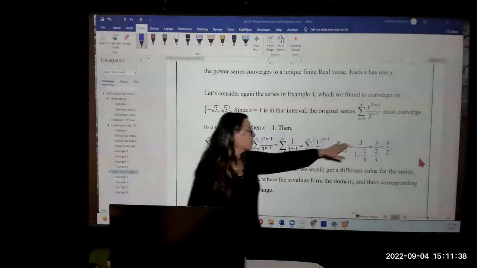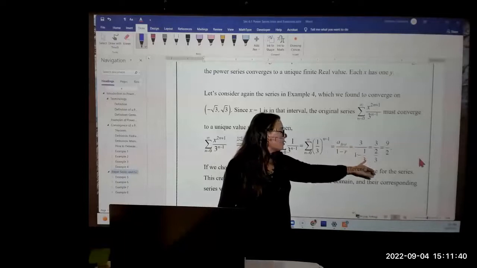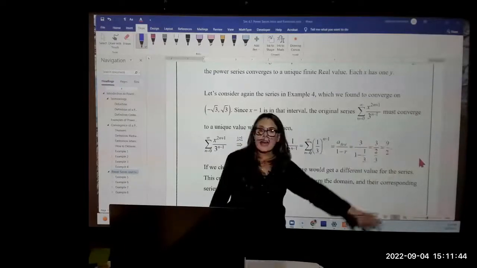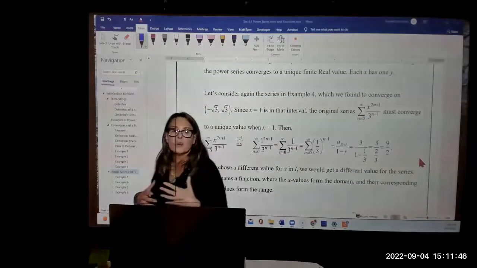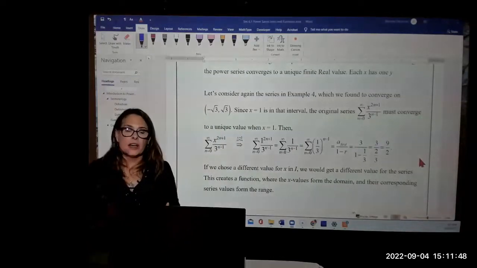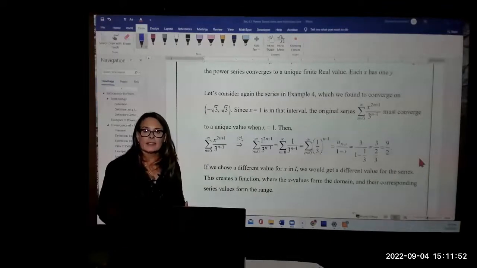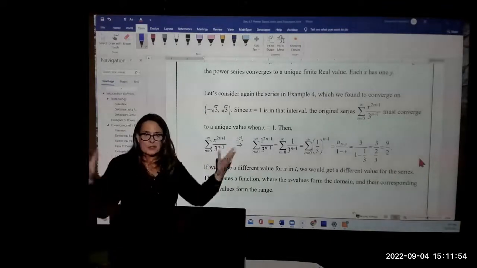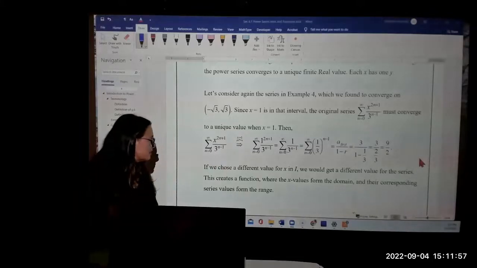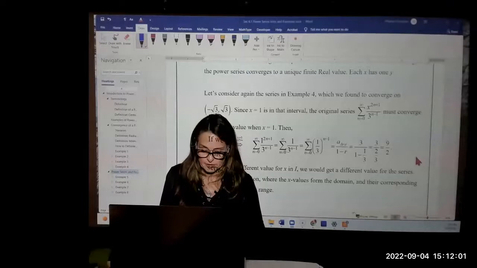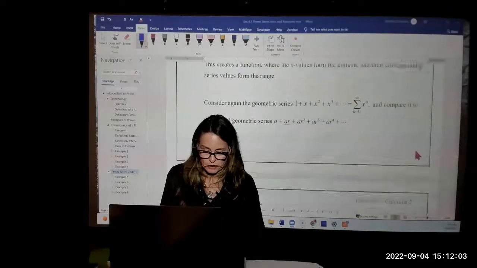So then I get 3 over 1 minus 1/3, or 3 divided by 2/3, which is 9/2. So when the value of x is 1, the value of the power series is 9 halves. I know, it just kind of blows your mind. So this is representing some function. If we used a different value for x in the interval of convergence, we'd get a different value.